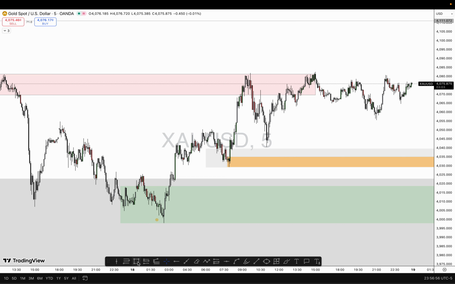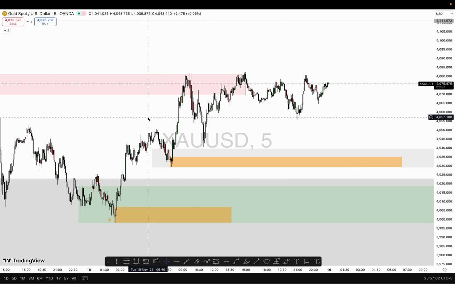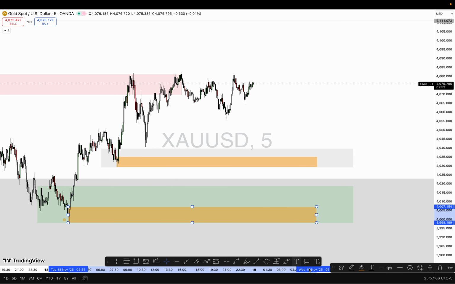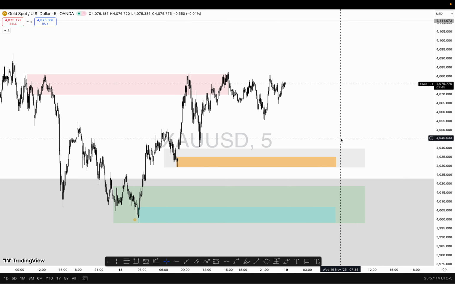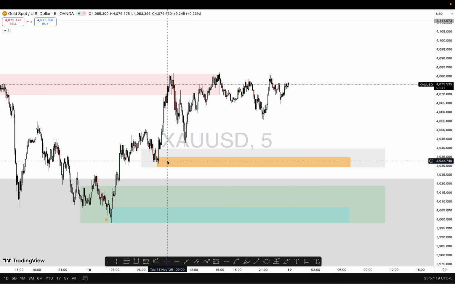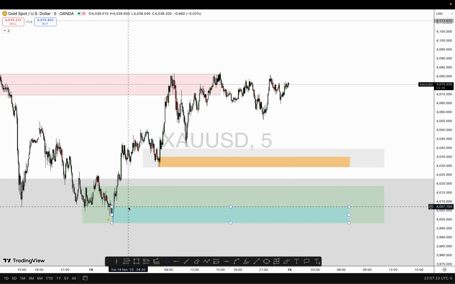I mean, these could be considered zones, but they're not the best structured base-wise. But nevertheless, let's go with them. So we have this 15-minute nested in the 1 hour, and we have this 5-minute nested in the 1 hour.